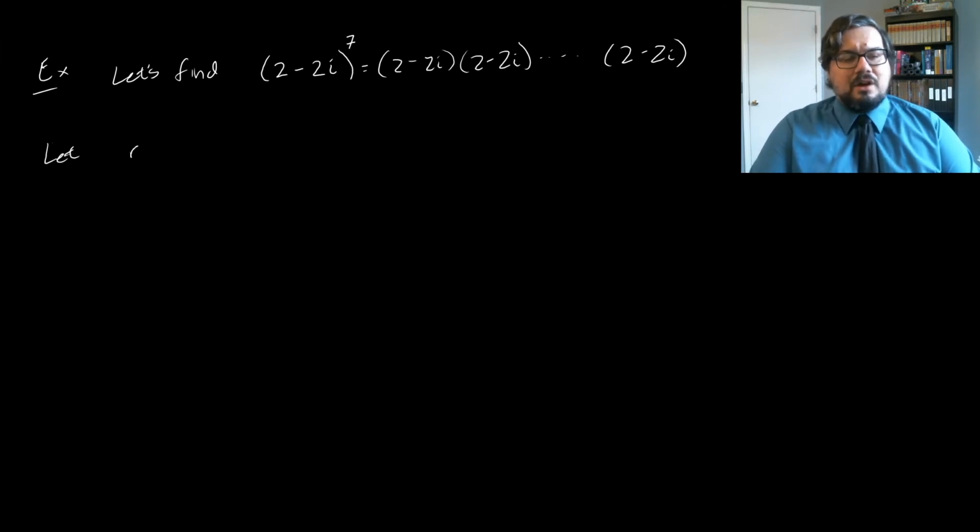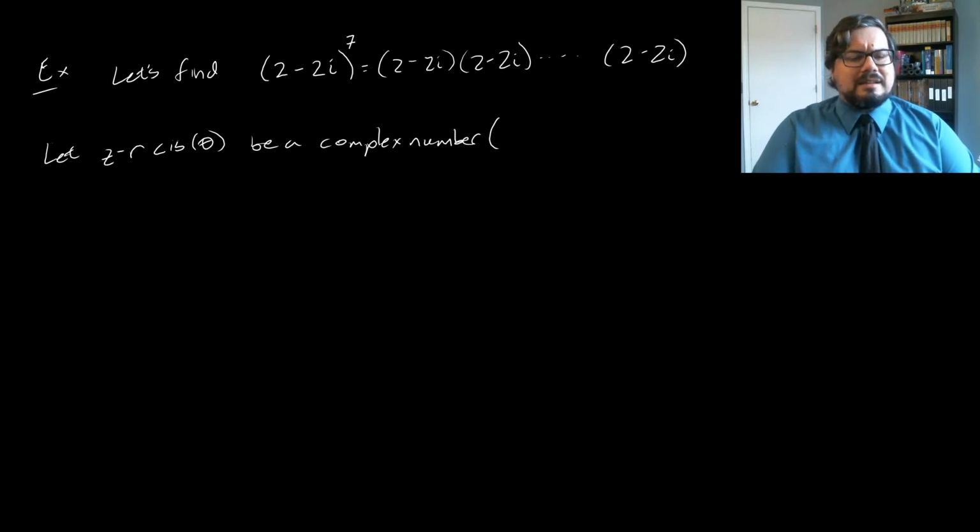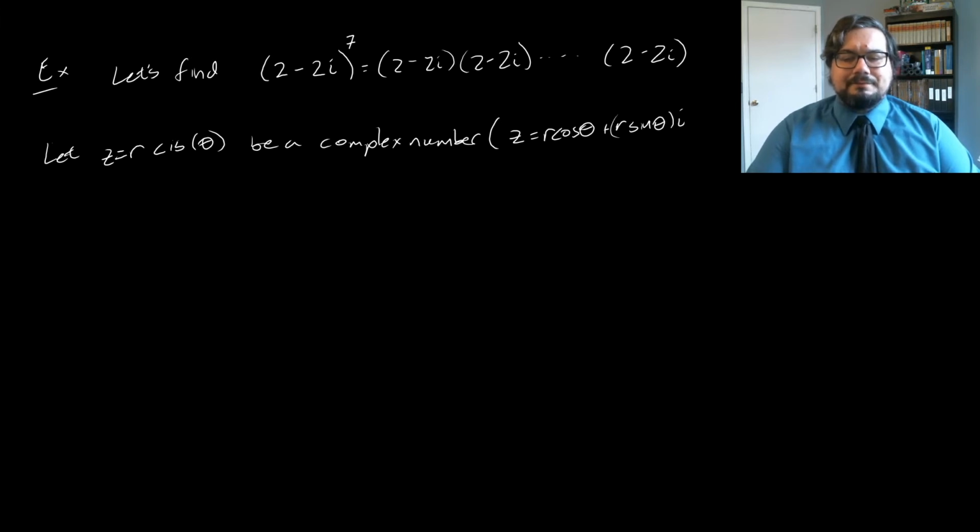So let's let r cis theta be a complex number. And in fact, let's give it the notation z. And remember, this means that z is equal to r cosine theta plus r sine theta times i.